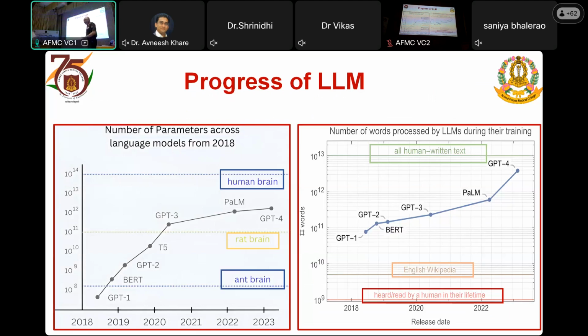So the human brain has not been exposed to a lot of data, but it can analyze this data faster and better. GPT-4, on the other hand, has been exposed to a lot of data, but still it cannot compute it as well as a human brain.